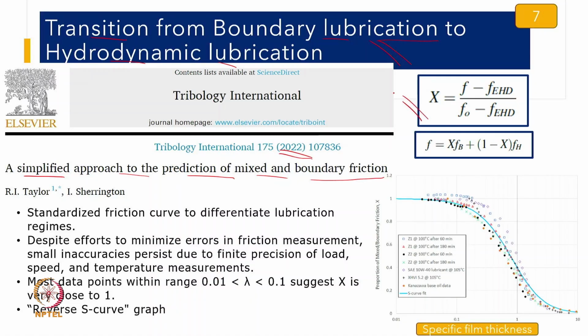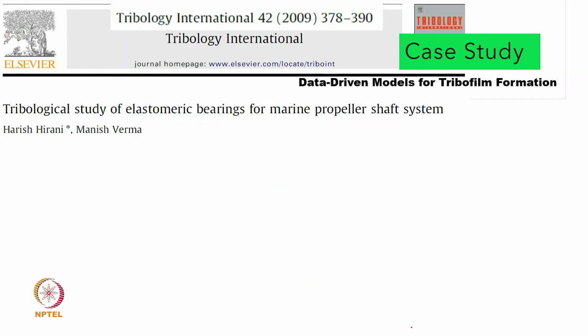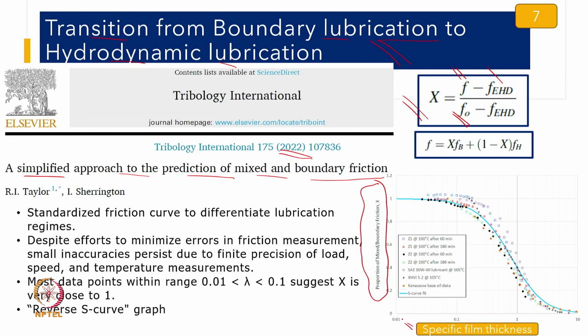So this factor X has been given as the coefficient of friction measured in EHL condition, divided by the maximum friction, and then plotted as a function of specific film thickness. So this is what has been done in this case. You can see here, when the specific film thickness is less than 0.1, more or less boundary lubrication is dominating, and this is almost equal to 1, that means F is almost F0, the maximum friction.